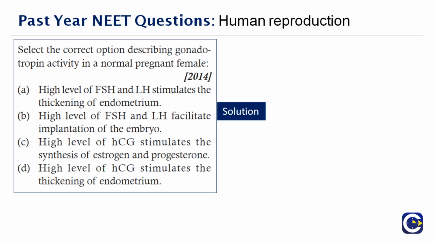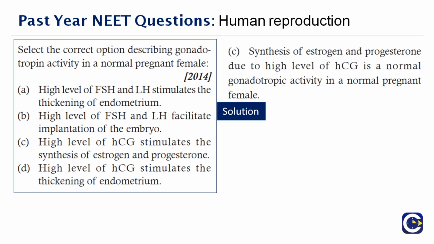High level of HCG stimulates the synthesis of estrogen and progesterone. So HCG stands for human chorionic gonadotrophin hormone, which is found exclusively only if a woman is pregnant. Otherwise, you don't find this hormone. As I already mentioned, it's a confirmatory test for pregnancy. Therefore, the right answer to this question is option C.